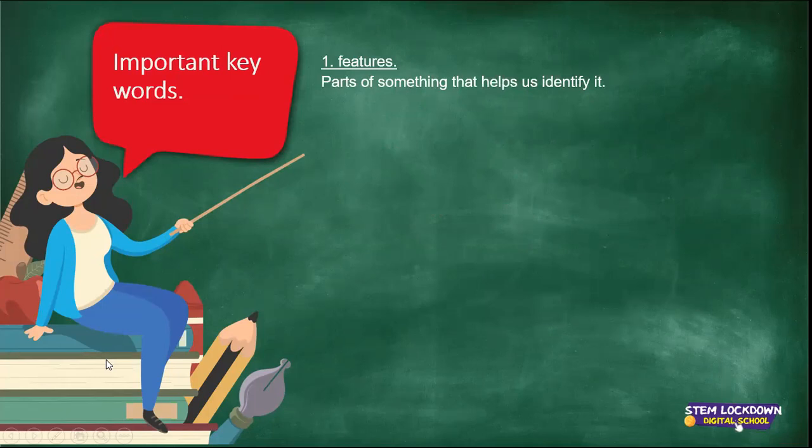These are the things that help us identify it, because we'll see that it is a river, and we'll be able to identify it because there's water. We also have sea level. A sea level is the point where the land meets the sea. So it's a point where the land meets the sea.